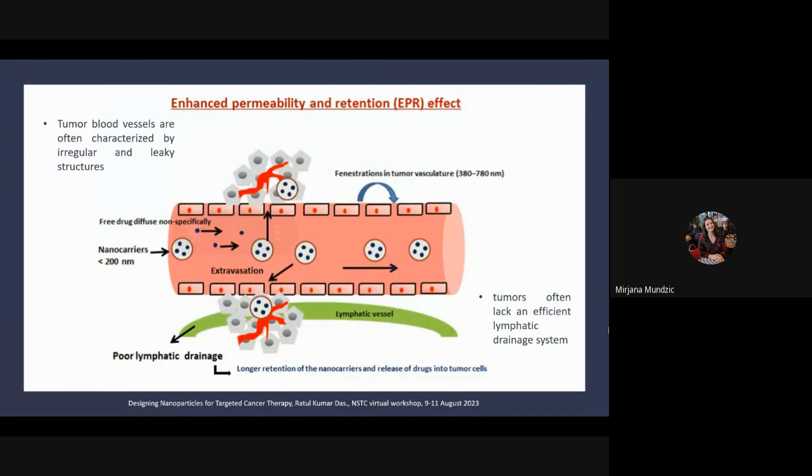The retention effect is caused by tumors often lacking an efficient lymphatic drainage system, which means longer retention of those nanoparticles can be achieved, and because of that, a longer release of drugs into tumor cells.